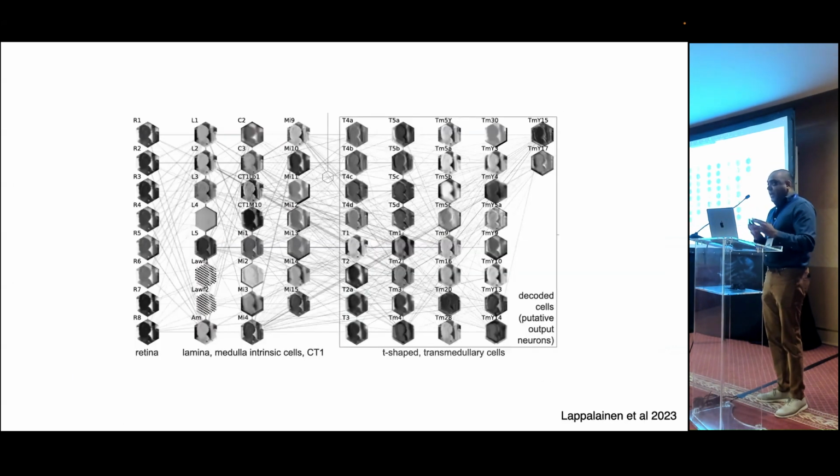And so you can use this to build a model. In this case, what we modeled is the right eye. So each hexagon here is an image representing the neural activity in the population of neurons of a particular cell type. So each pixel inside one of those hexagons is a single neuron. The entire hexagon is the population of neurons of that cell type. And so we have connections between cell types represented by these lines that go between cell types according to the matrix that we showed you earlier.